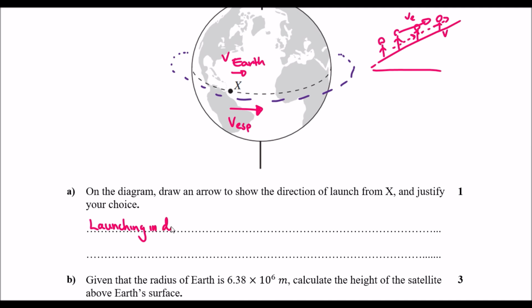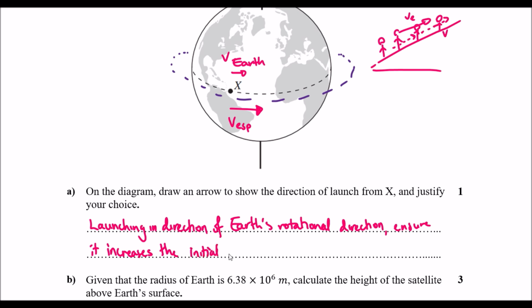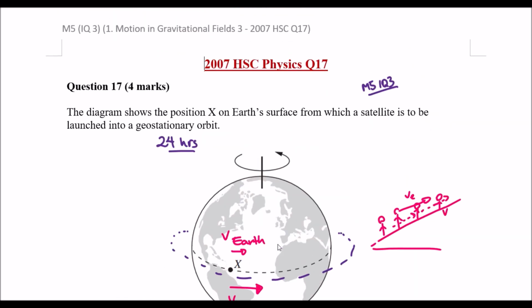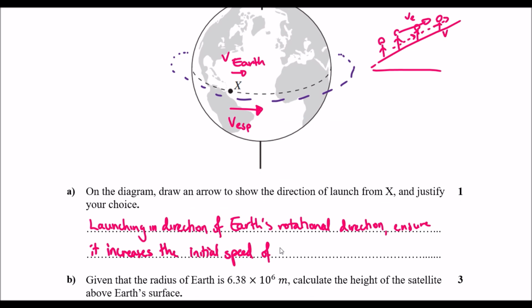So, launching in the direction of Earth's rotational direction will ensure it increases the initial speed of the satellite when launched.